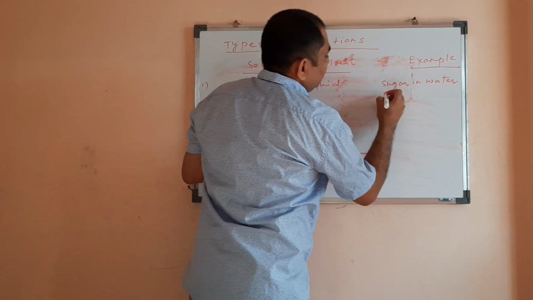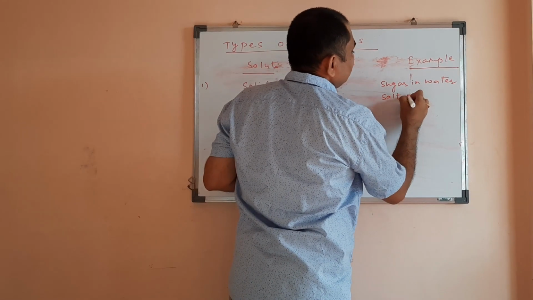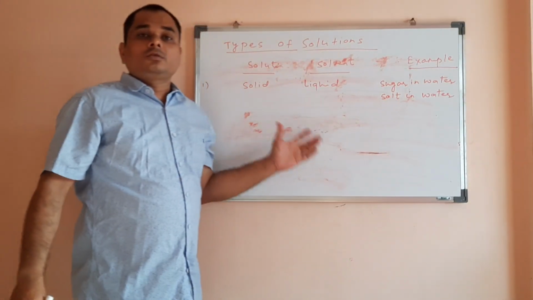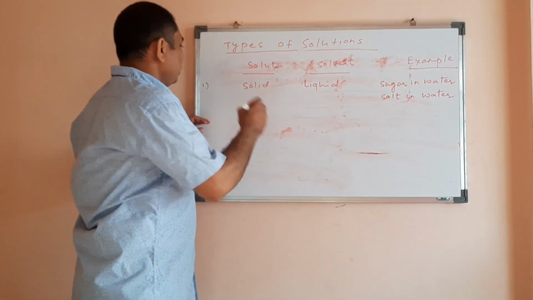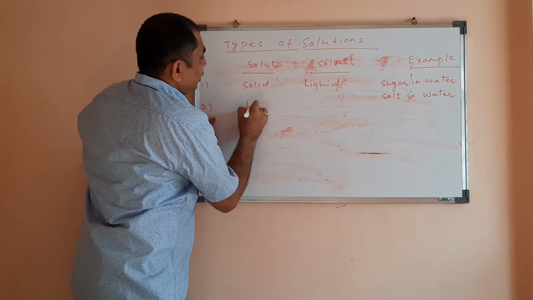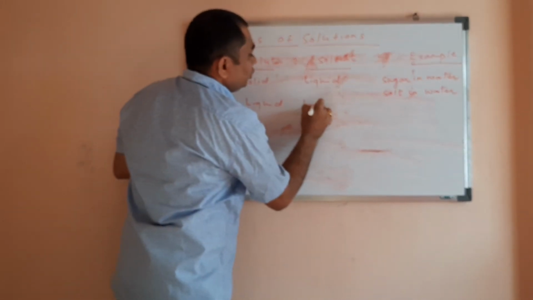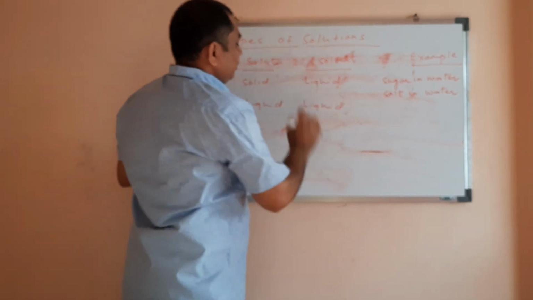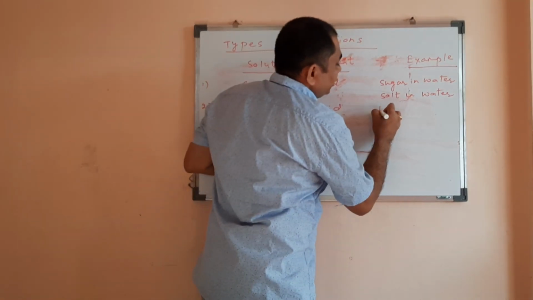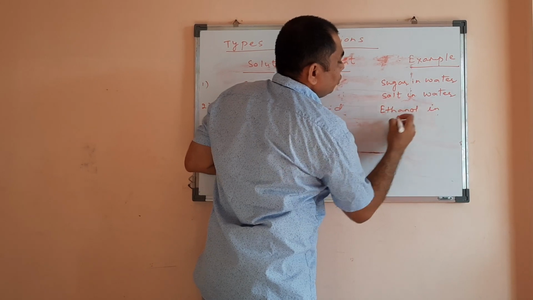Similarly, we can mix some salt in water. This will also give us solid in liquid solution. Second type is, we have a liquid solute and solvent is also liquid. Example of this is, say we have mixed ethanol in water.